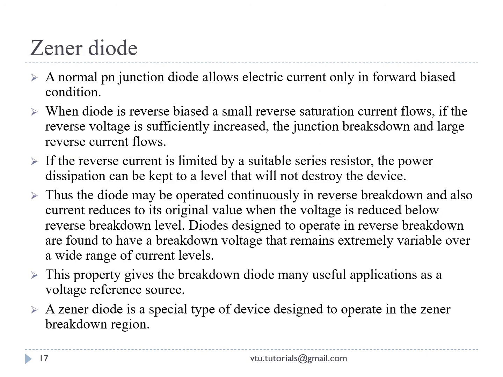Let us study the Zener diode. Before starting that, we already know about the PN junction diode. A normal PN junction diode will allow current flow only in the forward biased condition.